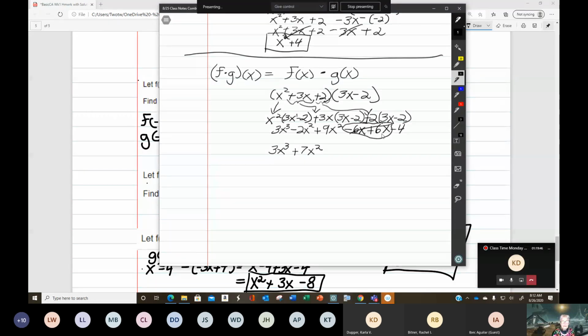And my x terms zeroed out. I'm left with a minus 4 on the end. And so this is my answer right there. So f times g of x is just something you've done before, polynomial multiplication. And there are a bunch of different methods. If you know a better method than that one, go ahead, use it. It's okay with me.